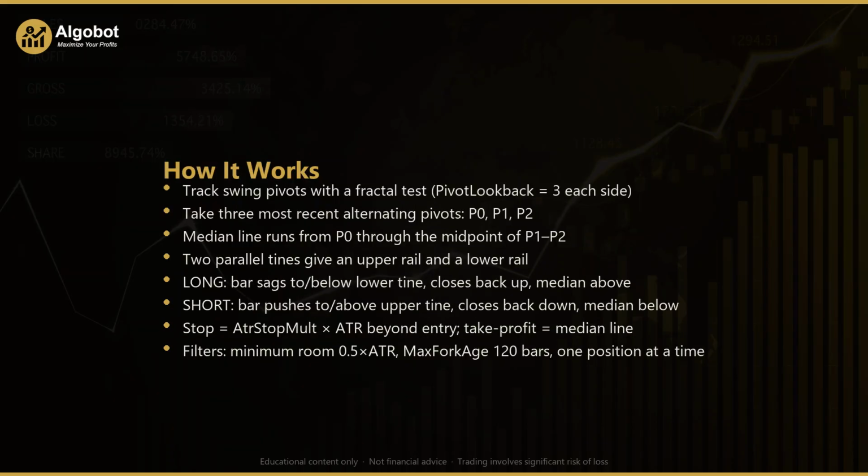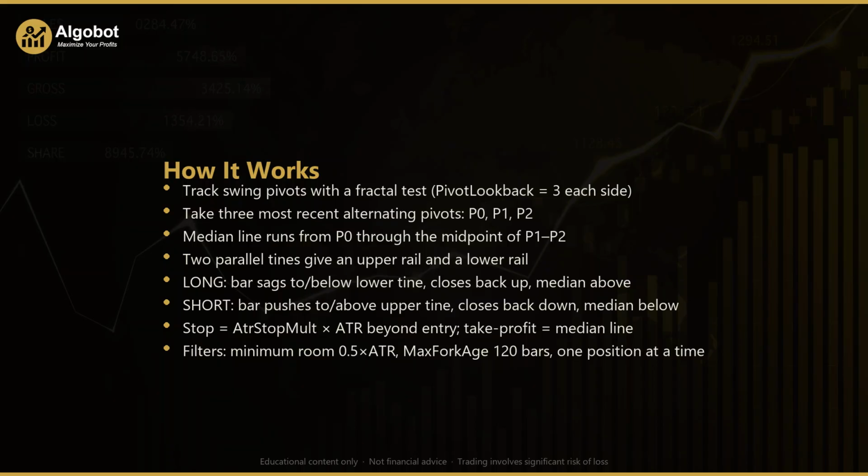Let's break down exactly how the expert advisor makes its decisions step by step. First, it maintains a running list of swing pivots. A bar qualifies as a pivot when it is the strict highest high or the strict lowest low within a window set by the PivotLookback parameter, which defaults to 3 bars on each side. These pivots are folded into an alternating sequence of highs and lows, so the strategy always has a clean zigzag to work with.